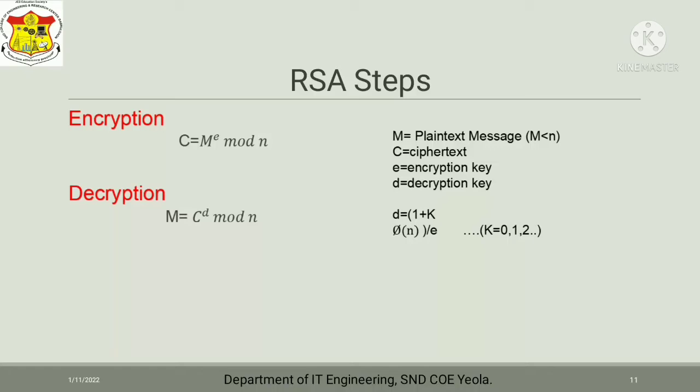Here the formula is m is equal to c raised to d mod n. You know the values of c and n, and then find the value of m. M is nothing but the plaintext message which is less than n, that is the modulus of encryption and decryption. C is the ciphertext, E is the encryption key, D is the decryption key. After substituting all the values, you will get back the message that the sender has sent. So that was all about the RSA algorithm.